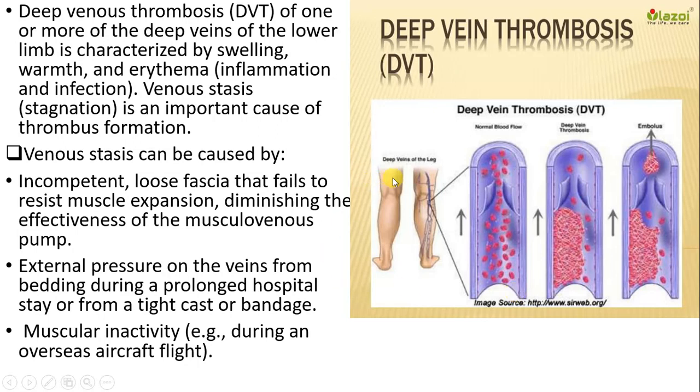So this venous stasis, which is the cause of this thrombosis, can occur from incompetence and loose fascia that fail to resist muscle expansion, so there is an ineffective musculovenous pump. The other thing is external pressure on the veins from the bedding during a prolonged hospital stay, which acts like a tight bandage.